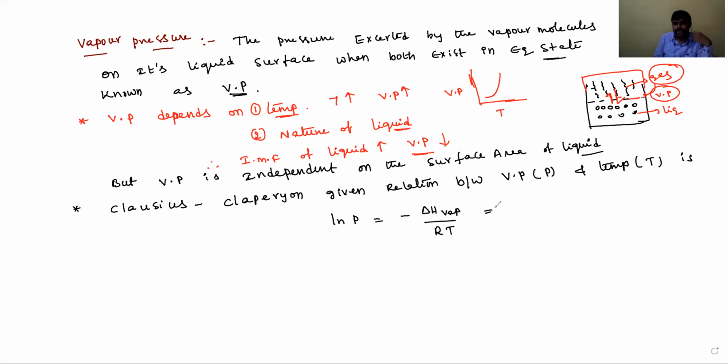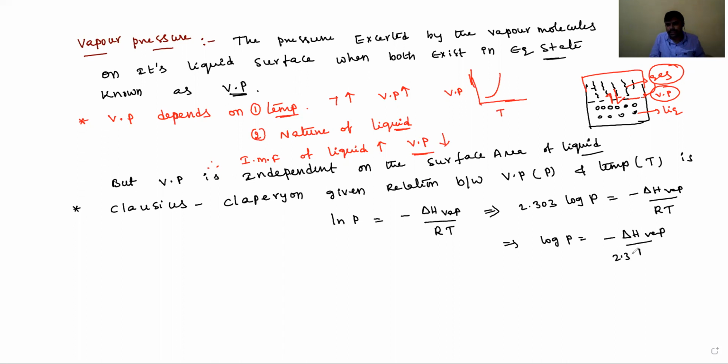To convert ln into log, we have to multiply by 2.303. So log P is equal to minus delta H, enthalpy of vaporization, by 2.303 RT. This is the relation.